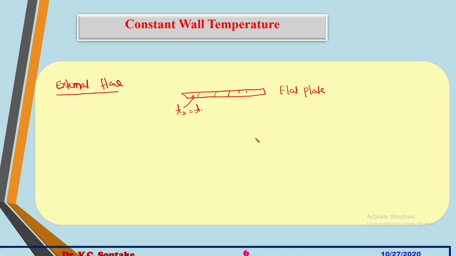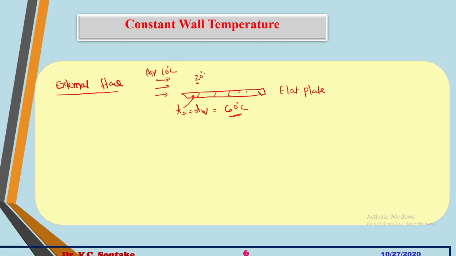That is, surface temperature of the flat plate or its wall temperature is given clearly. Now what is the consequence of this? Let's say air is flowing at temperature 10 degrees Celsius, and for example temperature of this flat plate is 60 degrees Celsius. So when air is flowing over this flat plate with constant wall temperature boundary condition, for example 60 degrees Celsius, temperature of this air will be increasing while it is moving over the flat plate.